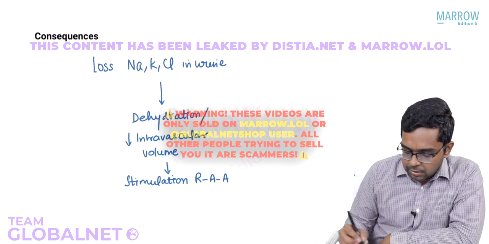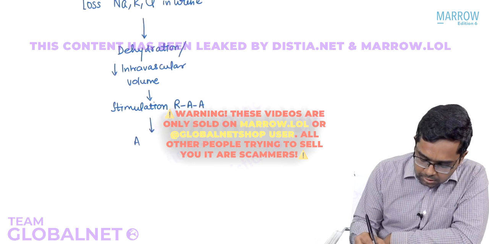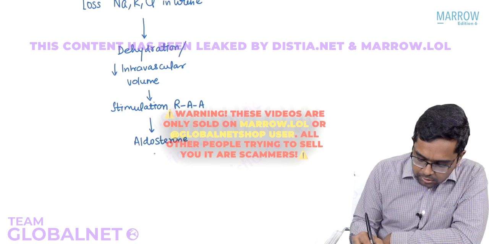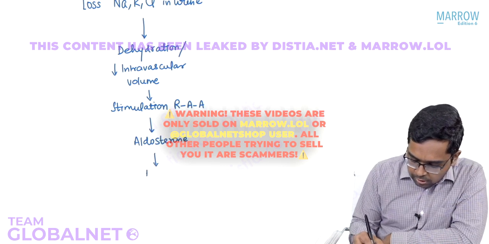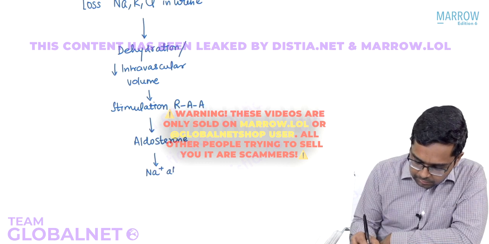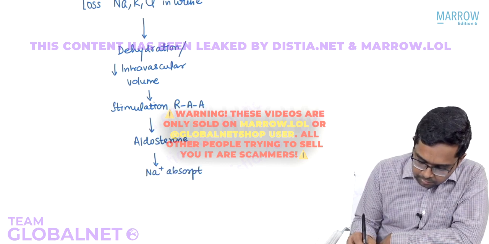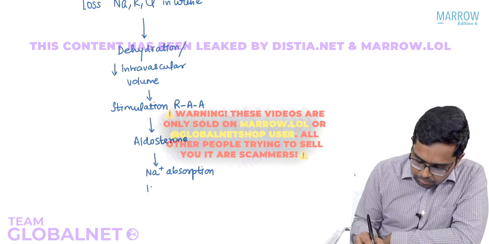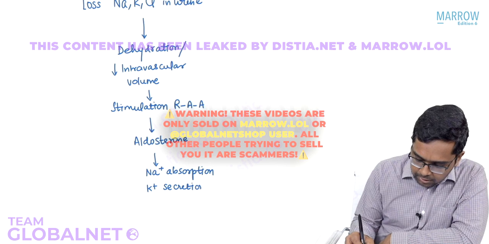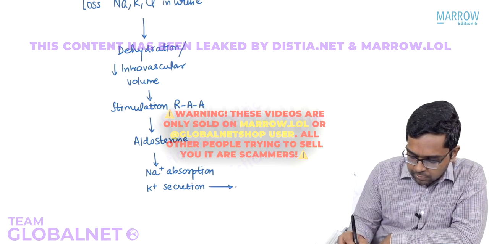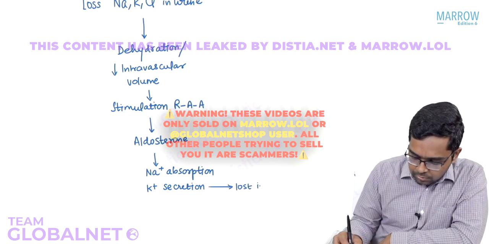So what is going to happen? Now aldosterone comes into the picture and acts on the collecting ducts. It will cause sodium absorption in the collecting duct, but it will also cause potassium secretion, which will be lost in the urine.